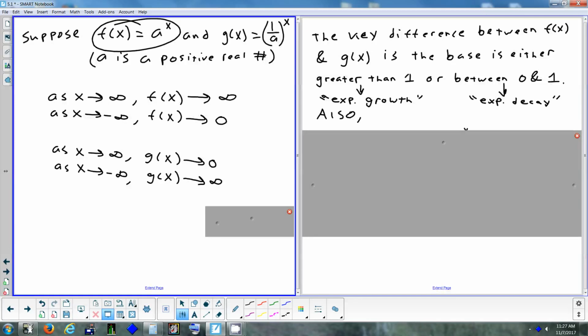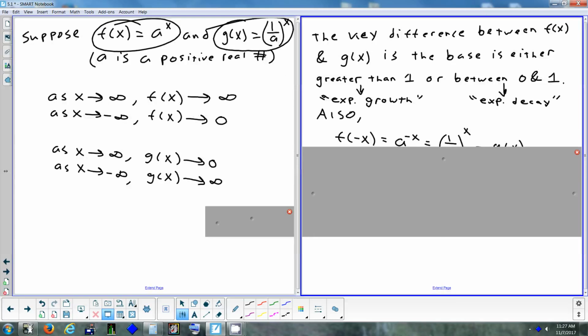If the answer that you get is the other graph, then that proves they're mirror images. So I'm going to take, in function f, take all your x's and replace them with negative x's. Okay? Watch what happens. So instead of a to the x, I have a to the negative x.